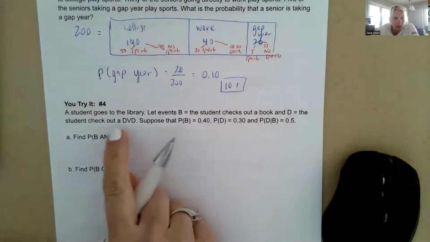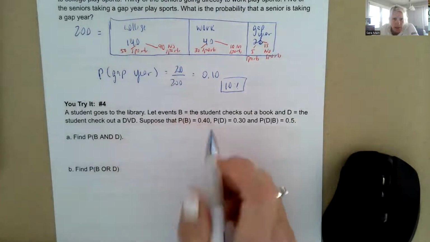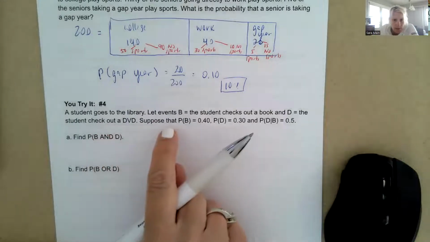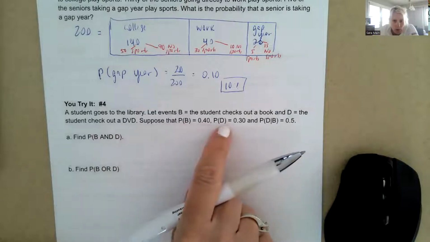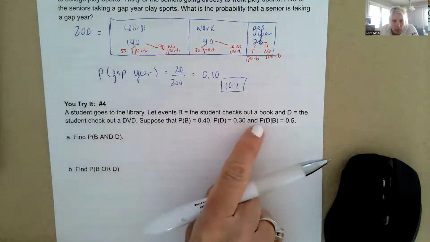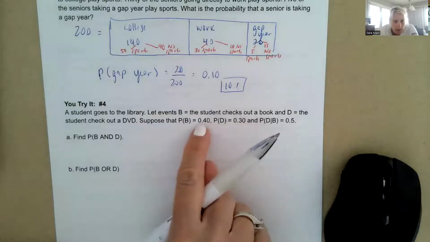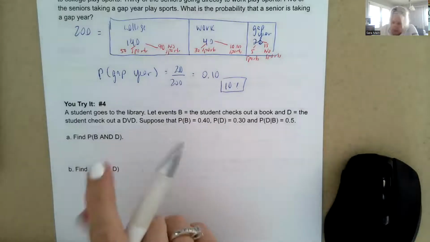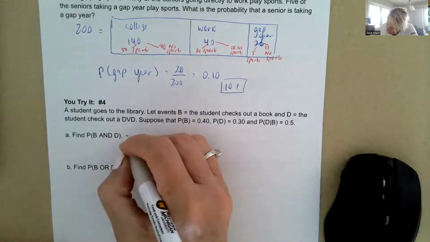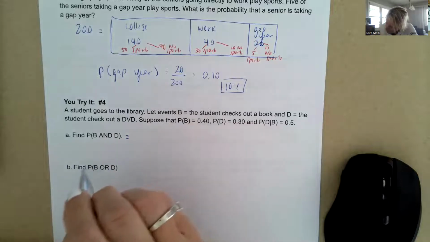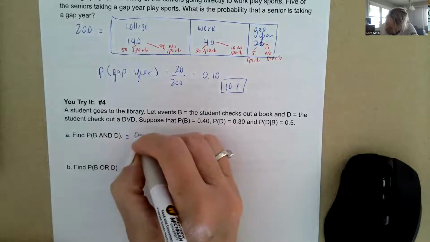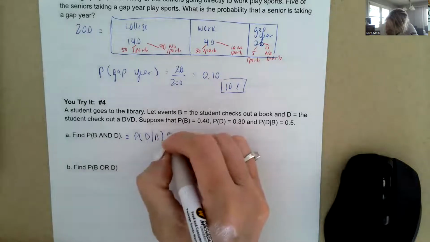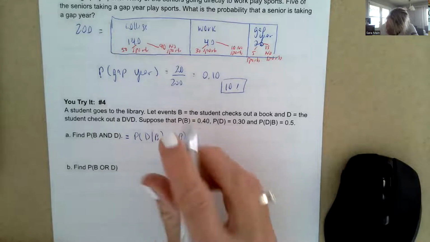Okay. A student goes to the library. Let events B equal the student checks out a book, and D is the student checks out a DVD. Suppose that the probability of B is 0.4 and the probability of D is 0.3. The probability of checking out a DVD, given that they've already checked out a book, is 0.5. Find the probability of B and D. So by our definition from the beginning of this lesson, that means this is the probability of D given B times the probability of B. It has to be this one.